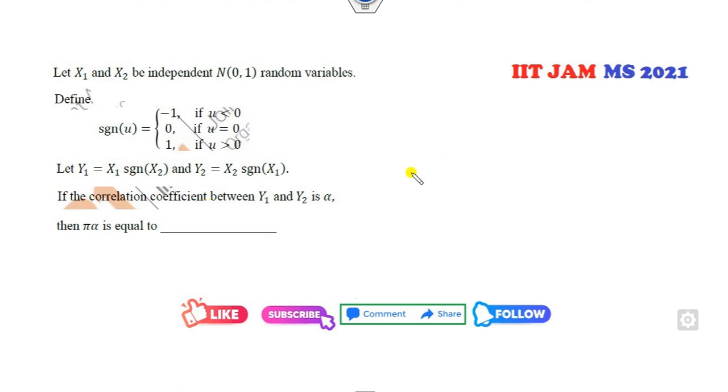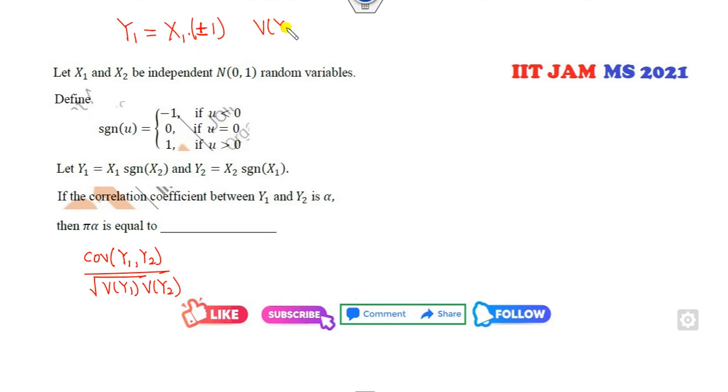Look at this another one. X1 and X2 are here. Then the correlation between them. So your target is to find the covariance of Y1 and Y2 divided by the variance of Y1 and variance of Y2. Okay, firstly you can find the variance of Y1. Y1 is X1 times sigma, which is either plus 1 or minus 1. Fine. So then what is the variance of the Y1?